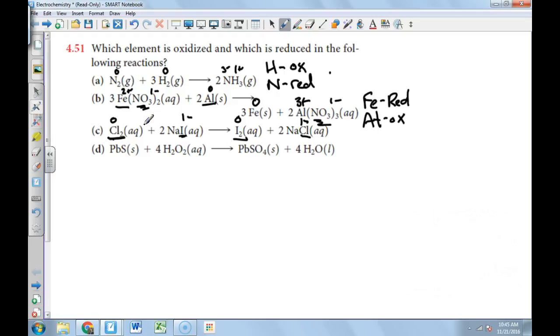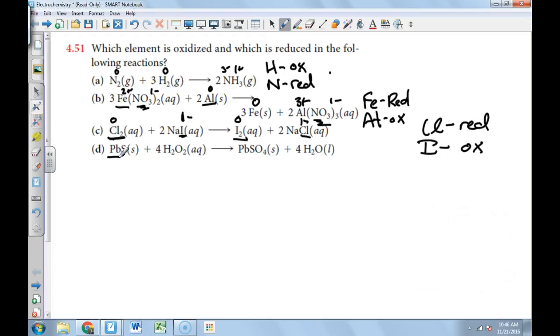I always get that screwed up. It's being reduced because the charge is going from 0 to -1. The only way for that to happen is for the chlorine to gain electrons. Electrons are negative, we're gaining a negative charge. By process of elimination, iodine must be oxidized. But let's do that for completeness. We're going from 1- to 0. It has to be losing electrons. Its charge is going up.